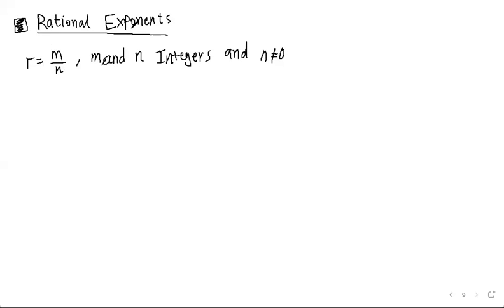Now, a rational exponent is anything that looks like a to the m over n, such that m and n are integers. I can define it as the nth root of a to the m. So this is the definition.